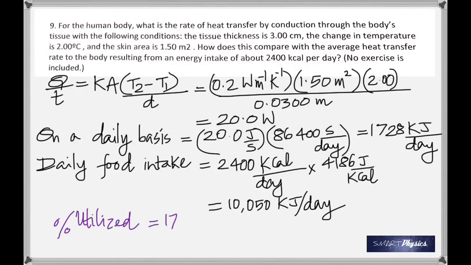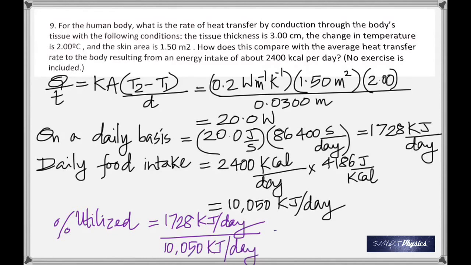So what part of it is being used for conducting out is just 1728 divided by 10,050 times 100, because we need it as a percentage, and that's going to be 17.2%. I have not shown the 100. Let me just write it down. There should be times 100, so you get it as a percentage.